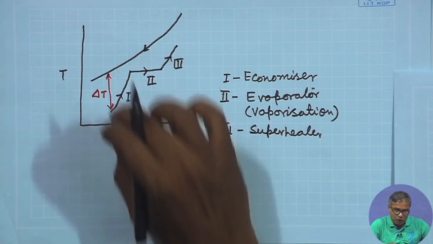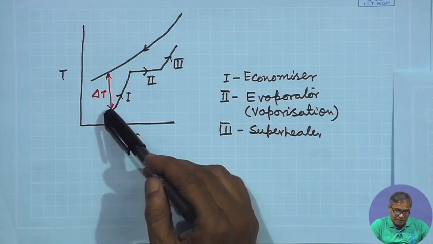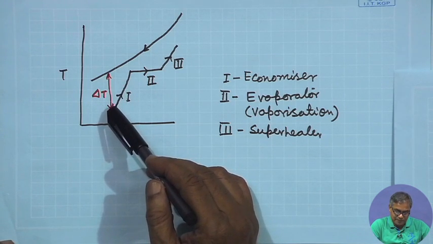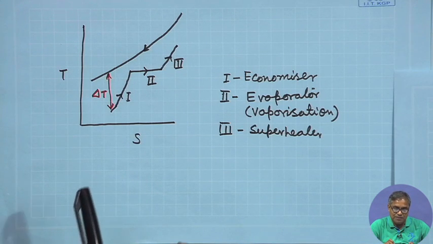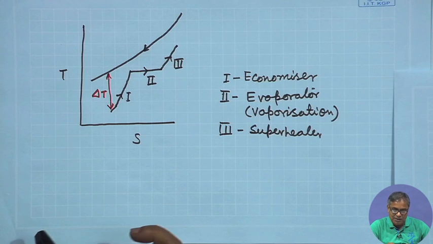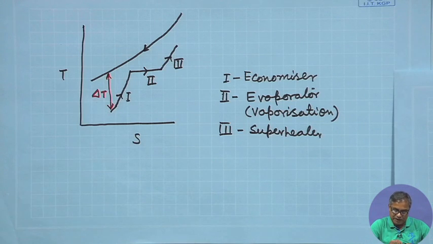So, here we find that a lot of irreversibilities are there because of this high value of delta T. Now, if this heating can be done by some other means, I would like to say if it can be done internally by cycle modification, not burning the fuel specifically for this kind of heating, then we have got one thermodynamic advantage.